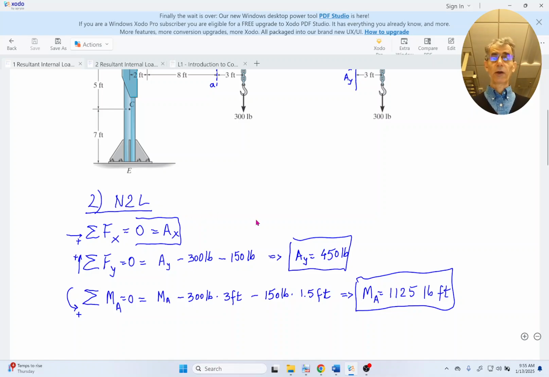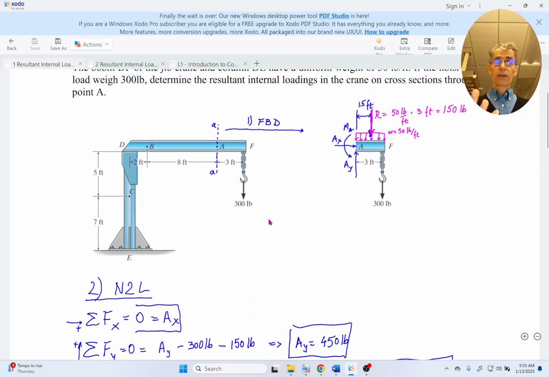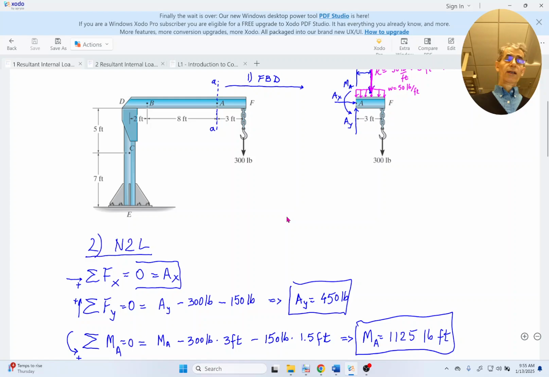We can go to the next step to use Newton's second law. We can write 3 equations here to solve for this, and when we look along the x-axis, it's obvious by observation there is no reaction there, because there is no force acting along the x-axis. I still wrote this Newton's second law there for you to see how we use it.